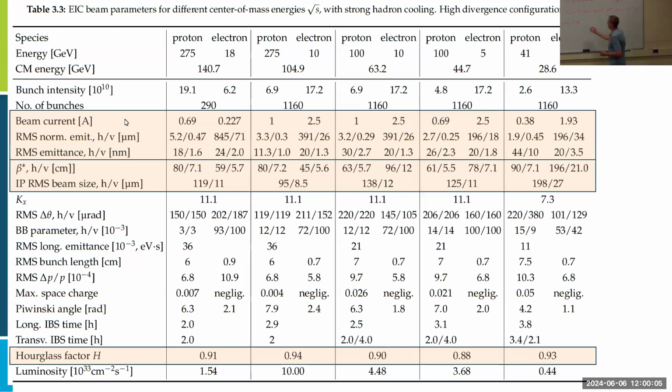So my event rate is L times sigma neutral current. That's 10 to the 34 times 10 to the minus 28, equals 10 to the 6 per second. So at the rate of 1 megahertz, you're going to be producing neutral current events.